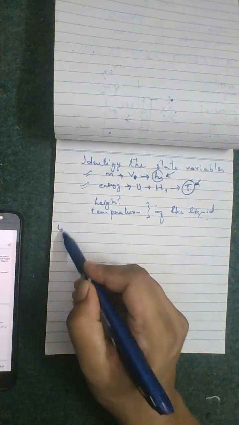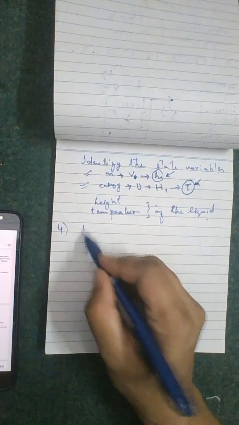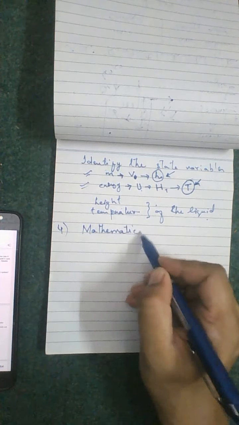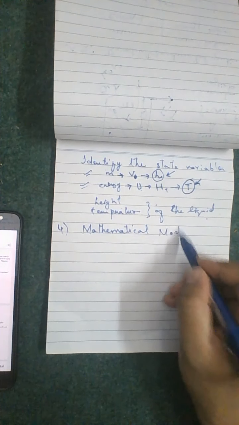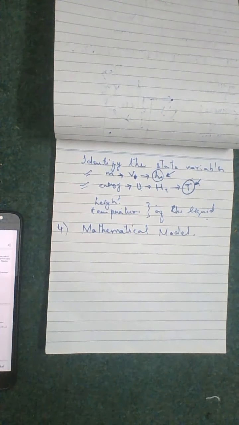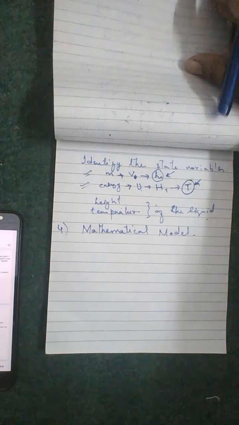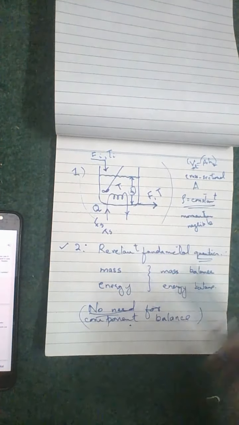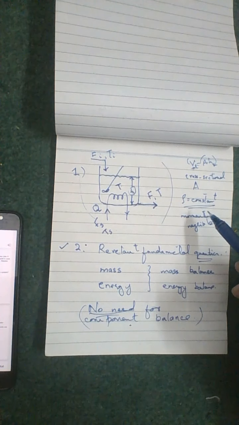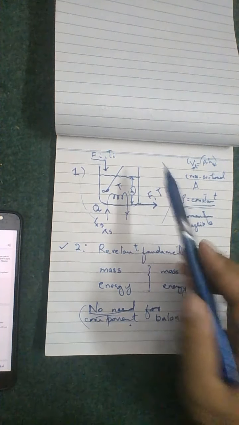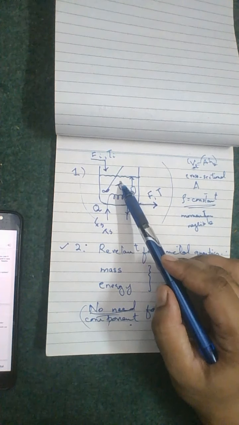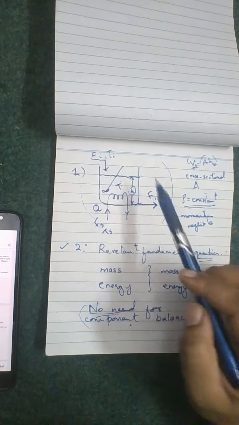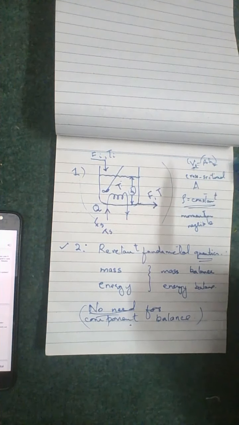Now the fourth part is the mathematical model. Okay, we have to develop the mathematical model. Now let's again see the system. Here is the system. So the mass balance says the rate of accumulation of mass inside the system is equal to the mass flow rate in minus the mass flow rate out.